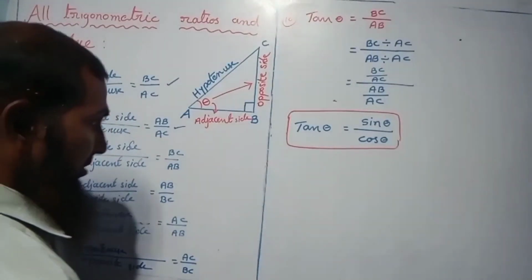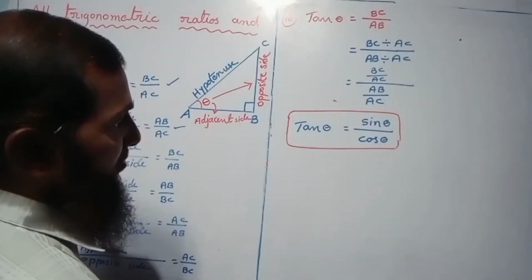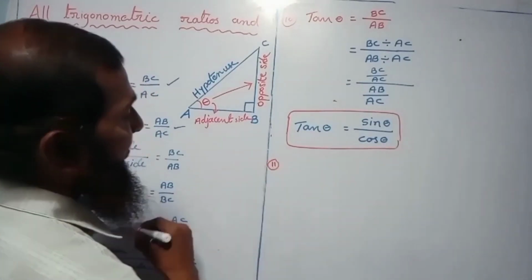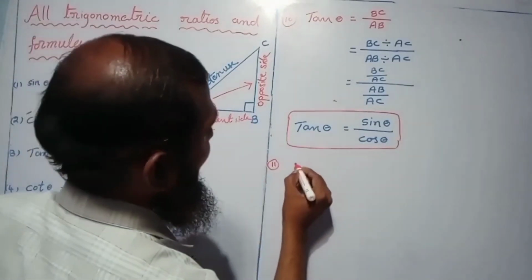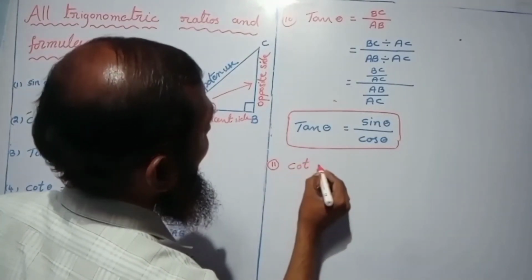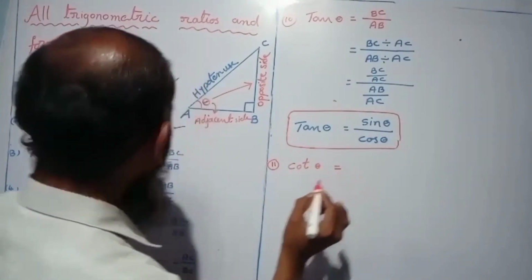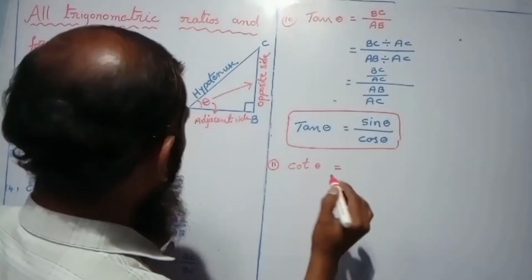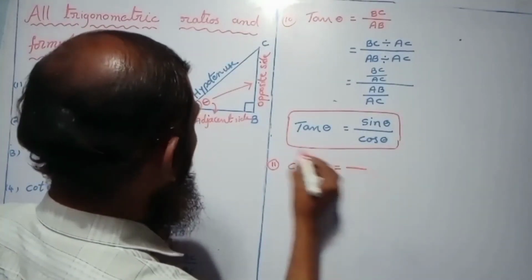Now come to the 11th one. Cot theta. What is cot theta? Cot theta means adjacent by opposite. What is adjacent here?